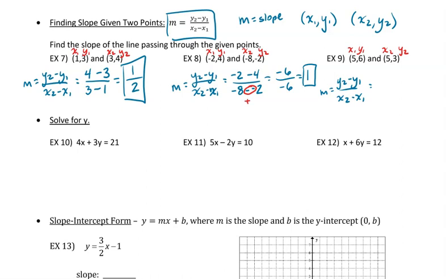All right, y2 is 3, minus y1 is 6, over x2 is 5, minus x1 is 5, which is negative 3 over 0. And what did we say about dividing by 0? That right there was a problem. Can't do it. So we're going to say that our answer this time is that our slope is undefined.